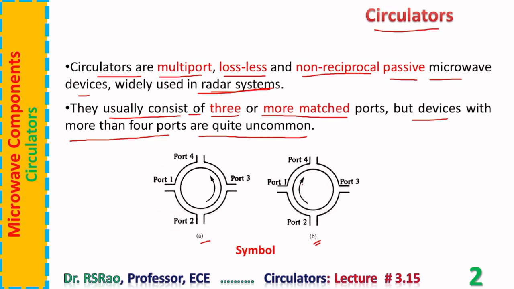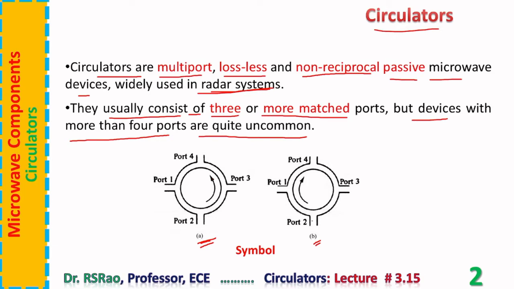We are going to learn about it soon, but to give some preliminary information regarding the meaning of the arrow in the symbol, in A, the symbol indicates that port 2 is connected to port 3. Port 3 is connected to port 4. Port 4 is connected to port 1. 1 is connected to 2. So the connection is in anti-clockwise sense.